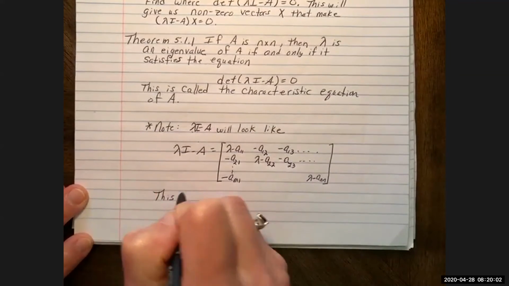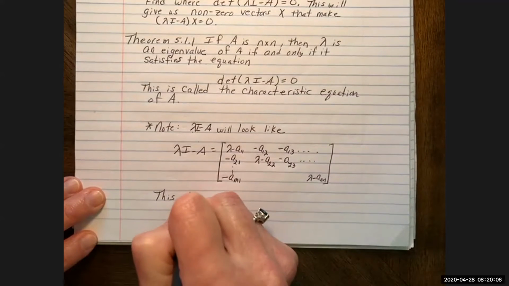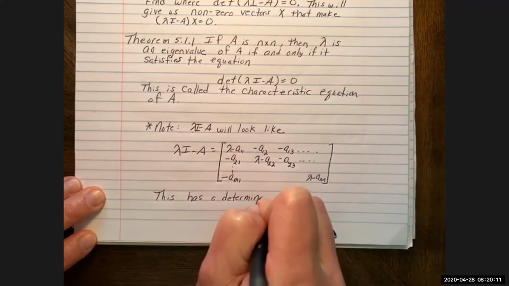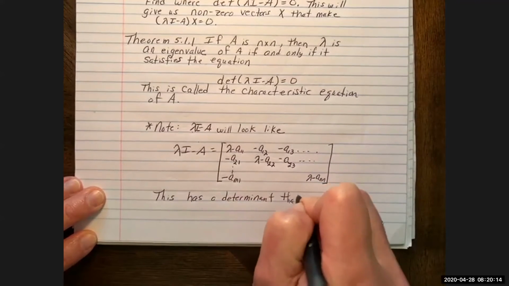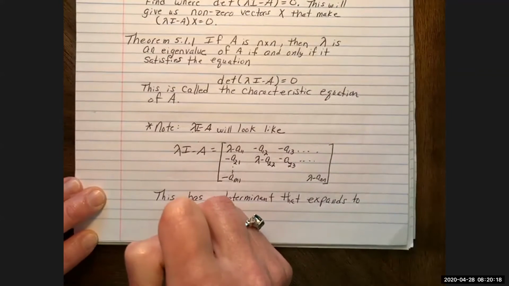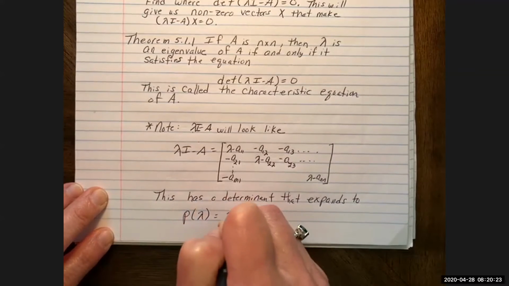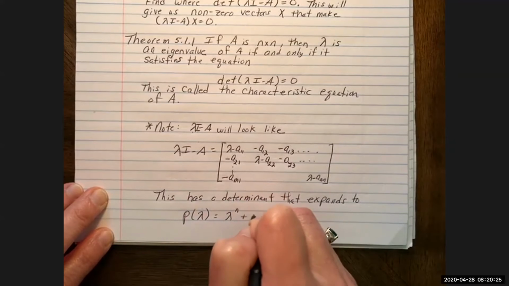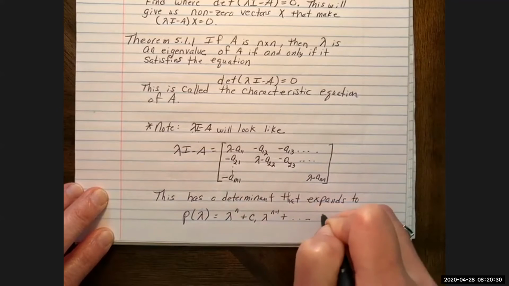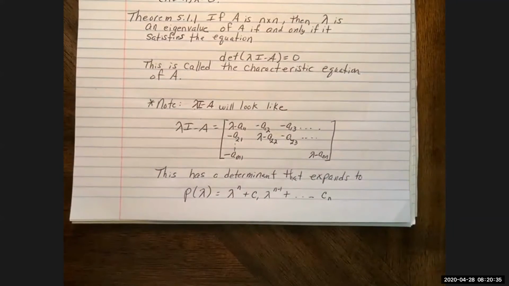Now, if you expand that out, if you find the determinant of that, you get a polynomial in lambda. Lambda is your variable.